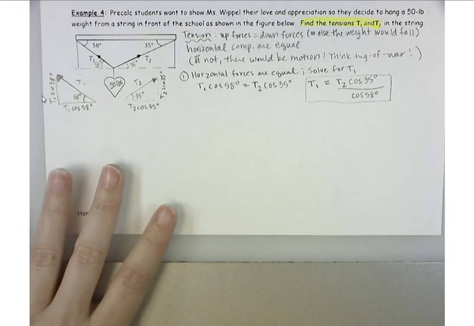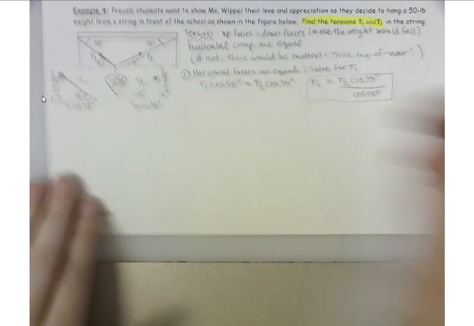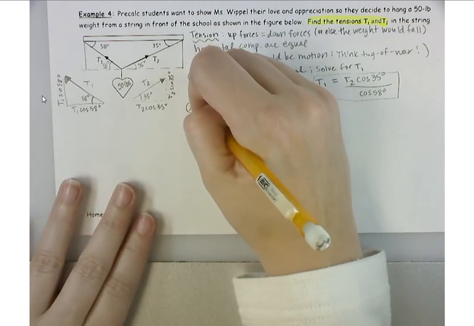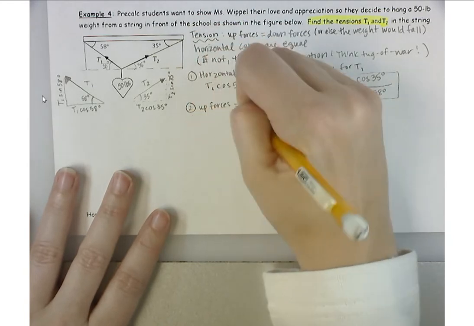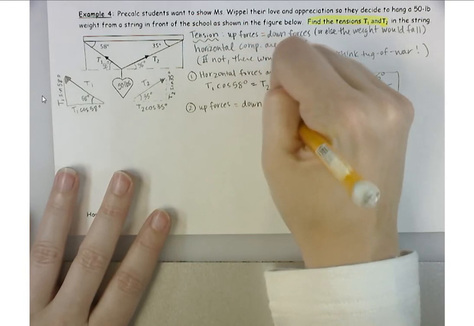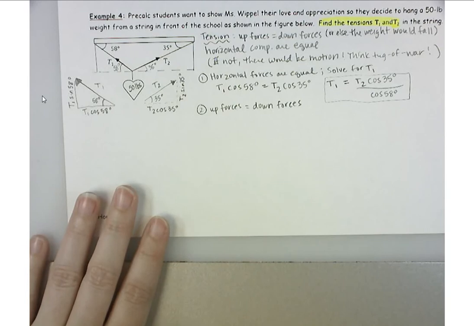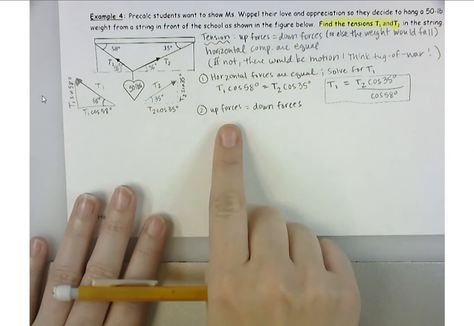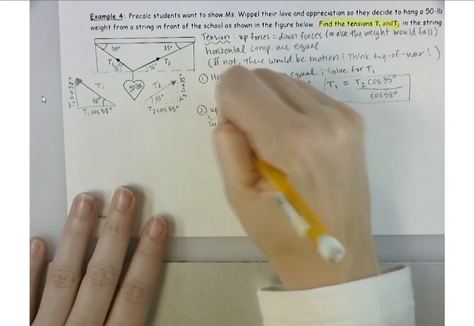Now what we're going to do is take into account that the up forces have to equal the down forces. What is the down force in this picture? What's pulling down on the string? The weight, okay? So the down force is going to be the 50 pounds. The up forces are going to be the sum of the vertical components.